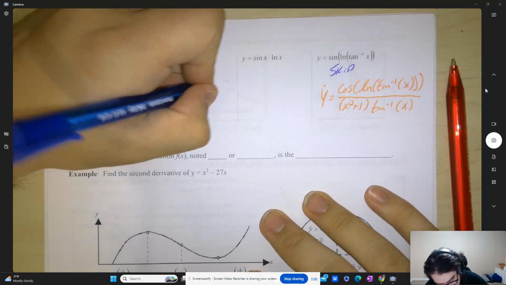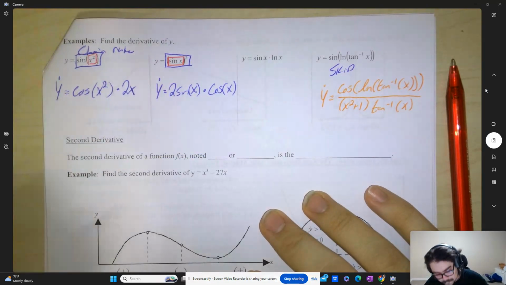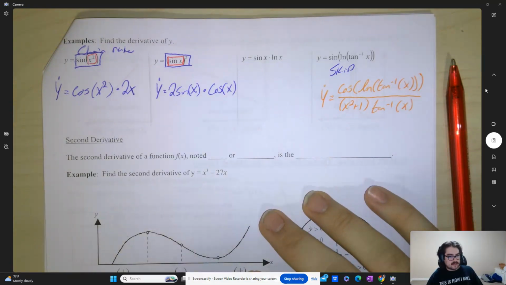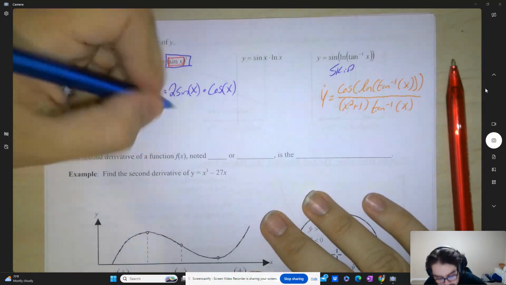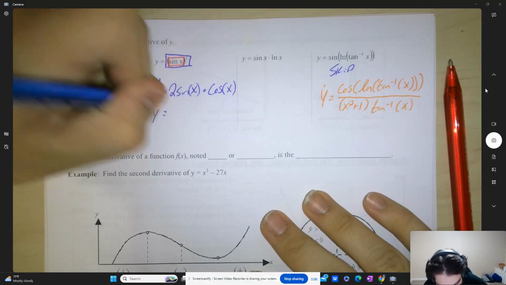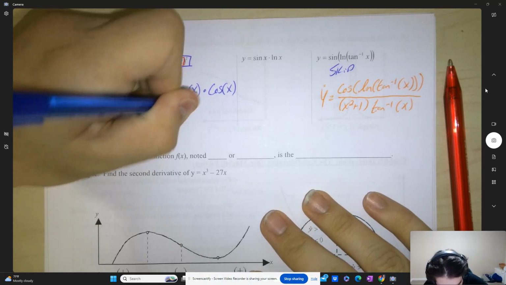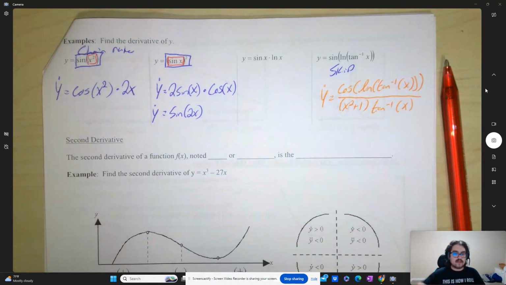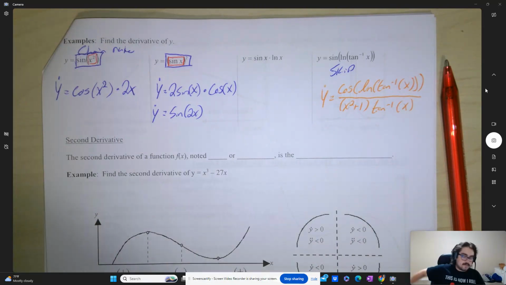Derivative of sine is cosine. And fun fact, that's actually a trig identity. You could say that that is sine of 2x. Okay, but you don't have to.